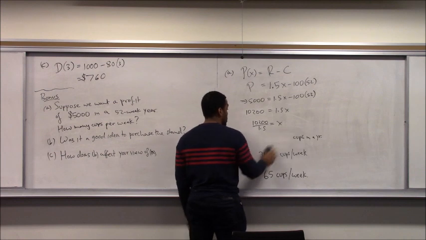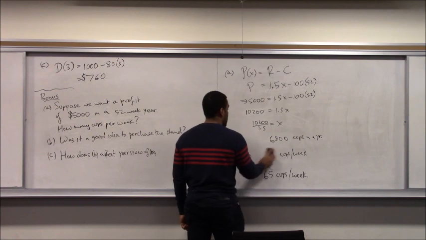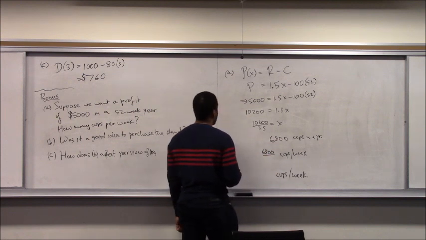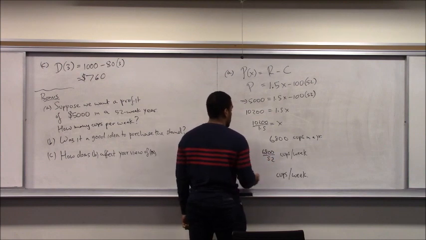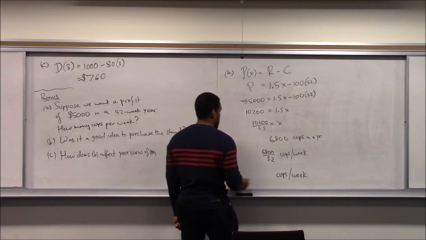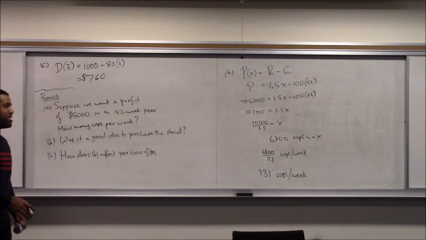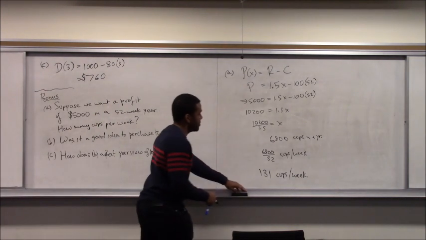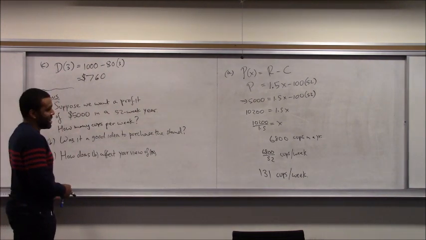That's 6,800 in a year, which means per week it has to be 6,800 over 52, which is what per week? 131. Okay, that makes more sense, because we need 67 to break even. There's no way 65 is going to get us a profit. So a little more than 10 cups a day now.